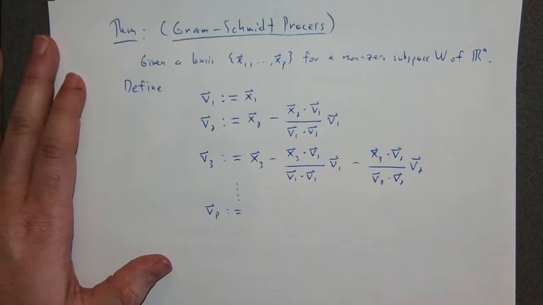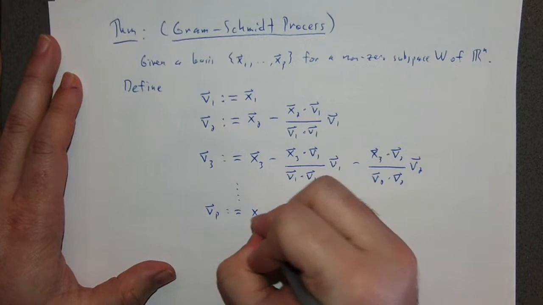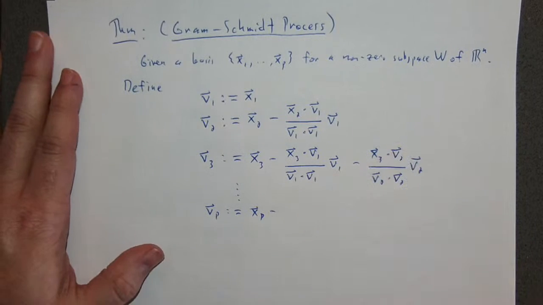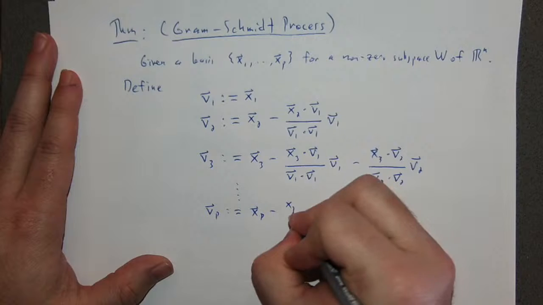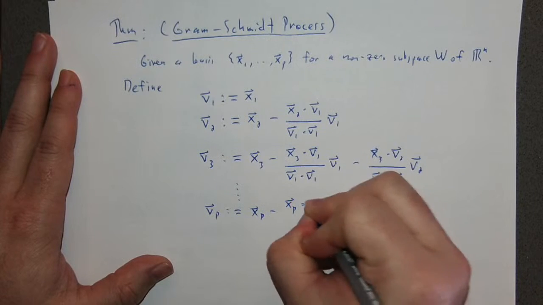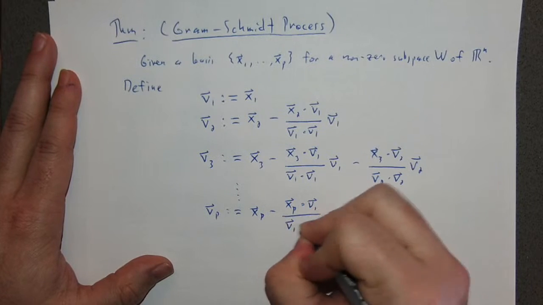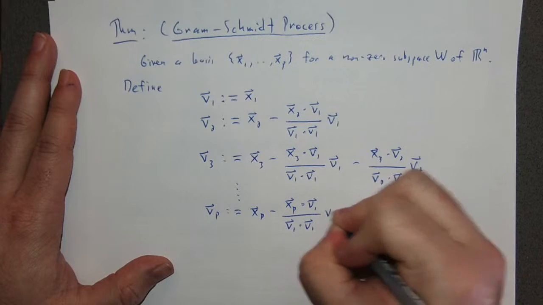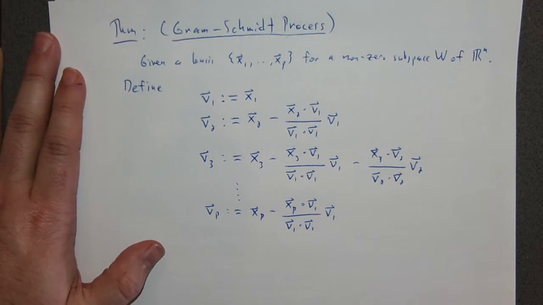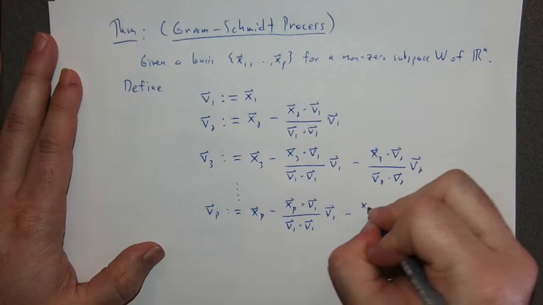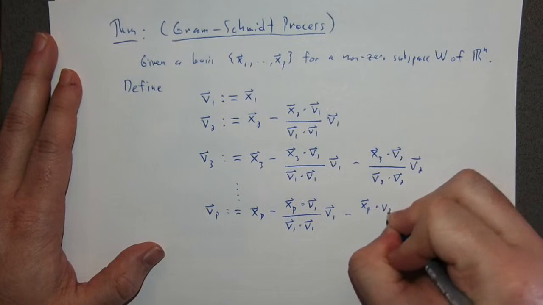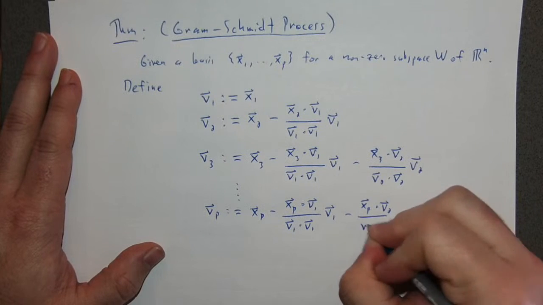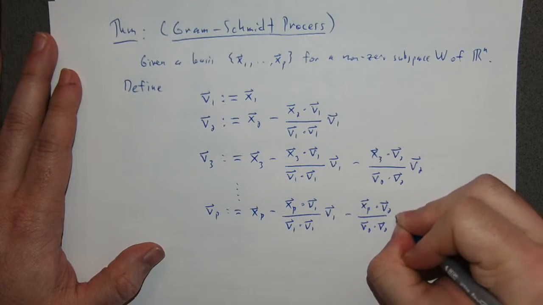V sub p is defined to be x sub p minus x sub p dotted with v1 over v1 dotted with itself times v1, minus x sub p dotted with v2 over v2 dotted with itself times v2.